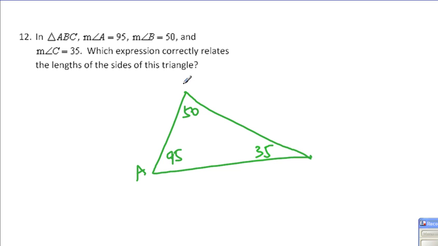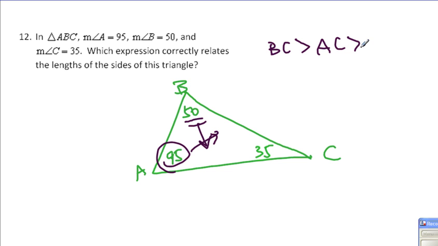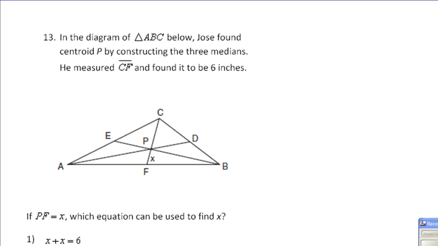Now A, B, C. Then one thing that we get to realize here is that opposite of the biggest angle will be the longest side. So BC becomes the longest. And opposite of the second one, which is 50, that makes AC the second longest. That means we have AB as the shortest. That becomes our answer.